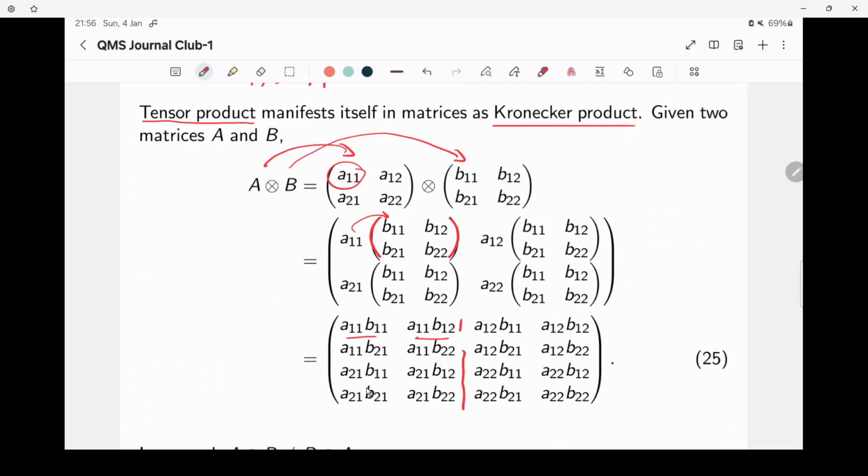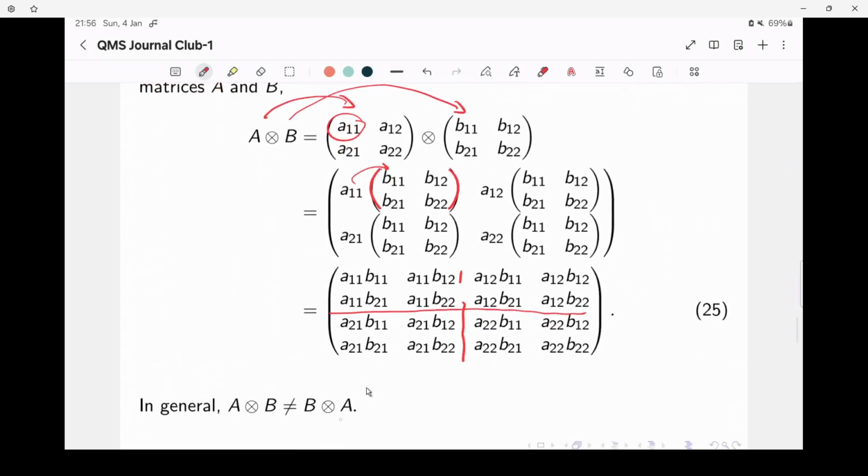You can see that this is a block matrix structure. This is basically A11 multiplied with the whole matrix B, A12 multiplied with the whole matrix B, and so on and so forth. In general, A tensor B is not equal to B tensor A. Of course, there are specific cases where they will be equal, but generally speaking, they are not equal.